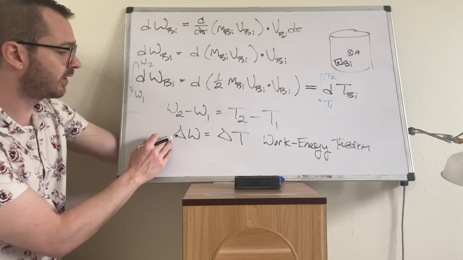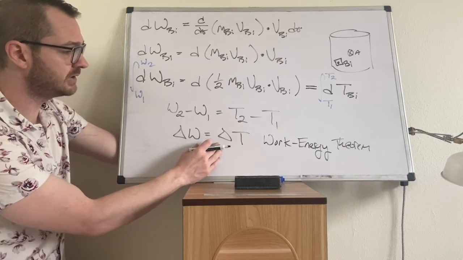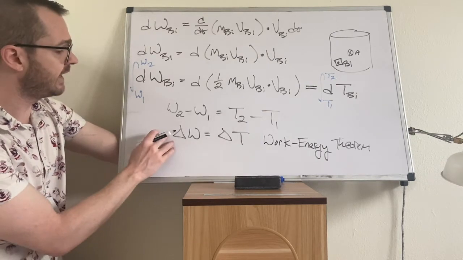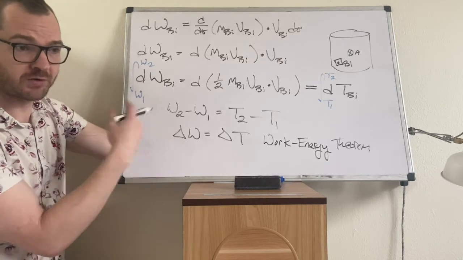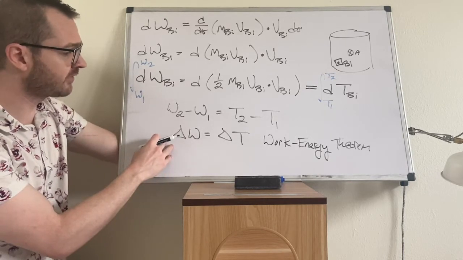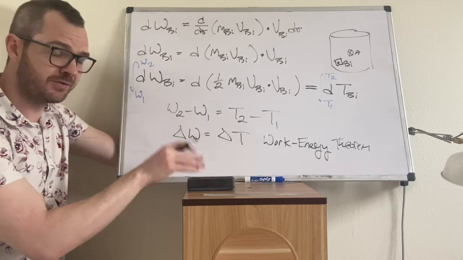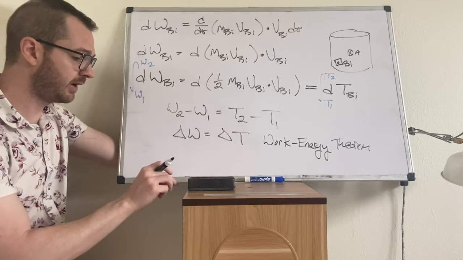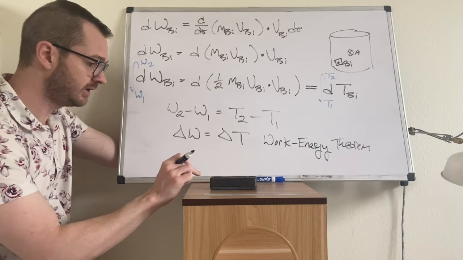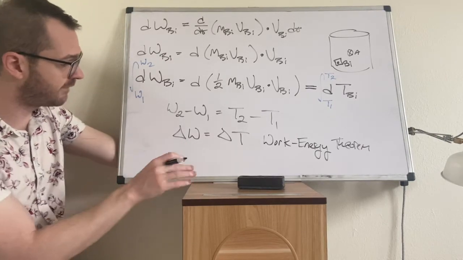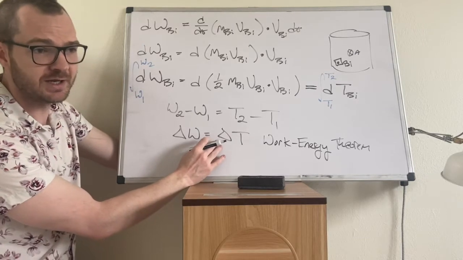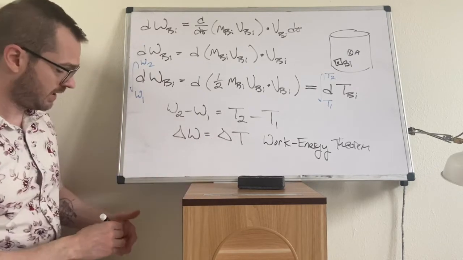So if you do work on a system, you're going to elicit a change in the kinetic energy of the system. If we say the work done by friction, well, the work done by friction decreases the kinetic energy of a system. So here's my eraser and I give it a little push, and there's friction between the eraser and this surface, and that friction is diminishing the kinetic energy of the system.